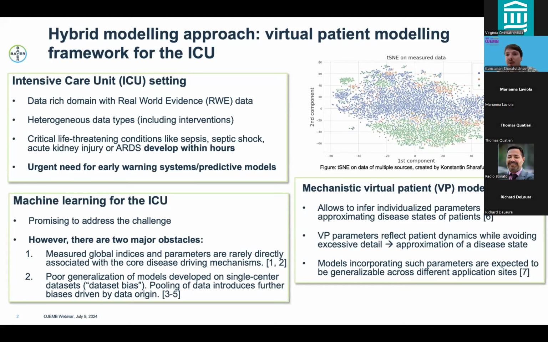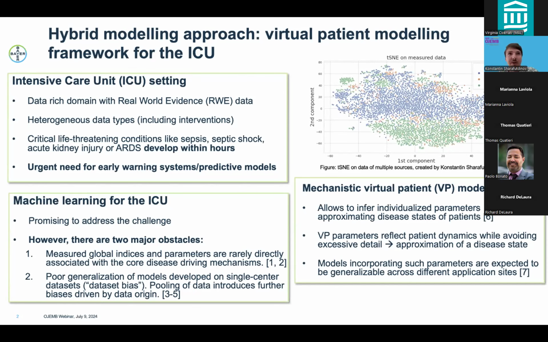And there is also an urgent need for these approaches, for instance to forecast critical states like septic shock, or acute respiratory distress syndrome in this case, which develop on an hourly or daily scale.